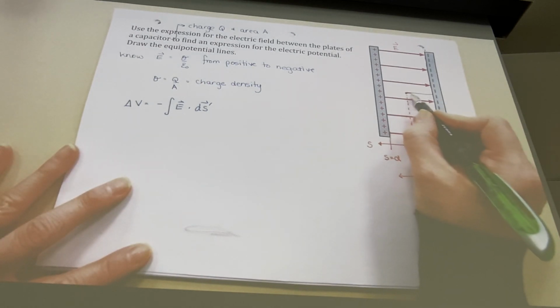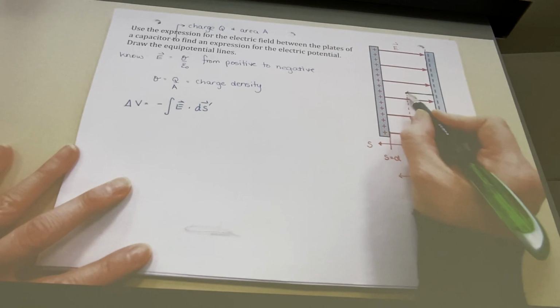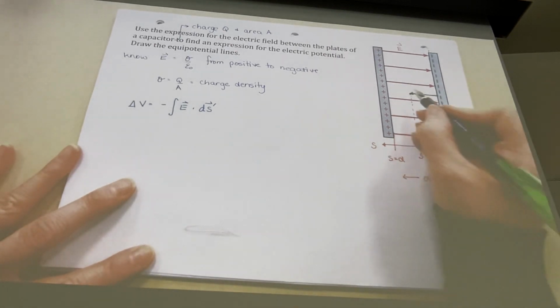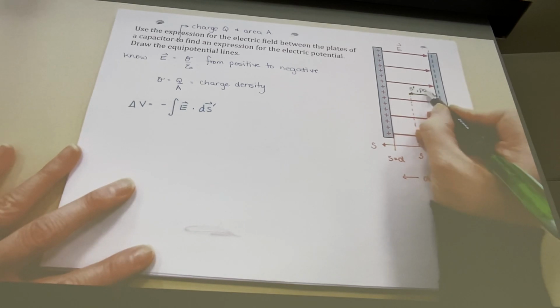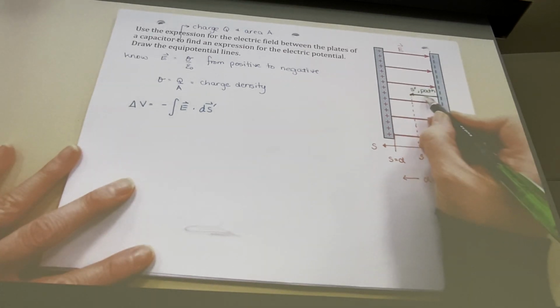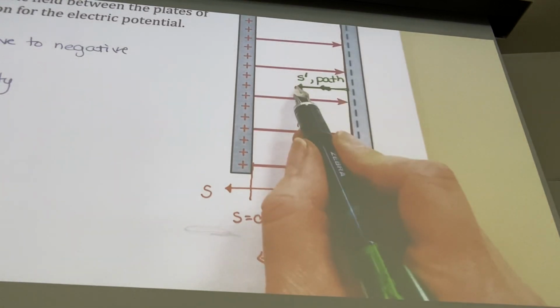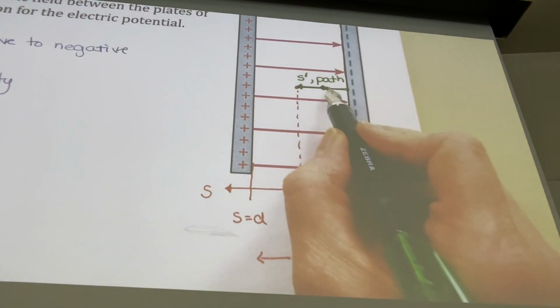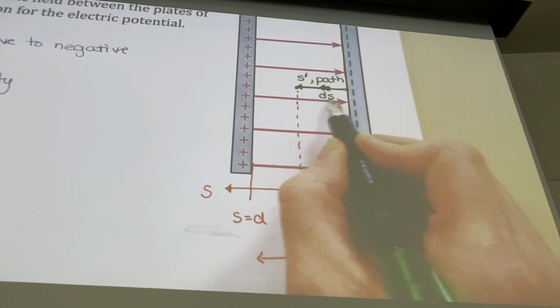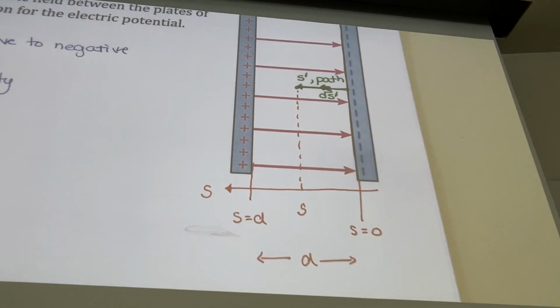There's my path I'm going to integrate over, and a little bit of my path is ds prime. So there's my path from the negative plate to that spot where I'm trying to find it. A little tiny bit along that path is ds prime, and it does have a direction, so it's a vector. Everything okay with the setup so far? Okay, let's keep going.